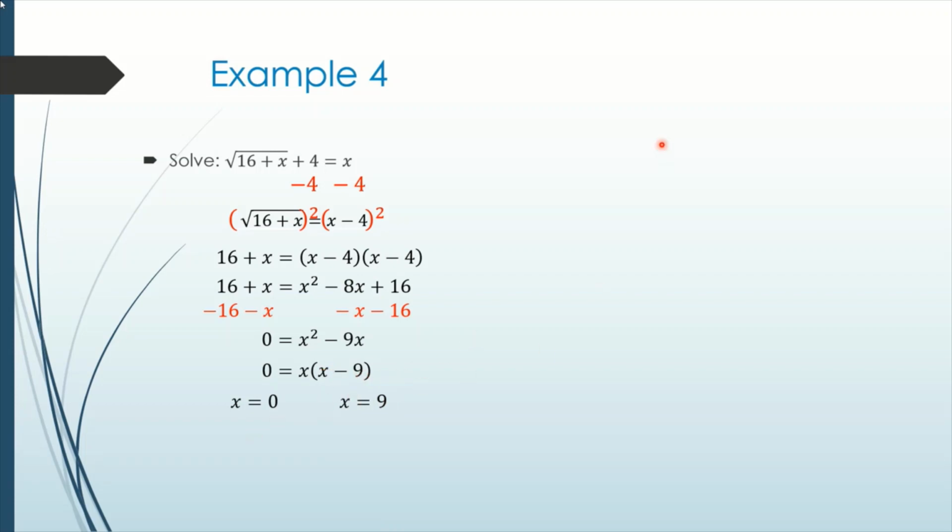Now I have to check both of these. So we have to check when x equals 0 and when x equals 9. I think that x equals 0 is not going to work, because I know a square root is always a positive or 0 result, plus 4, that cannot equal 0.